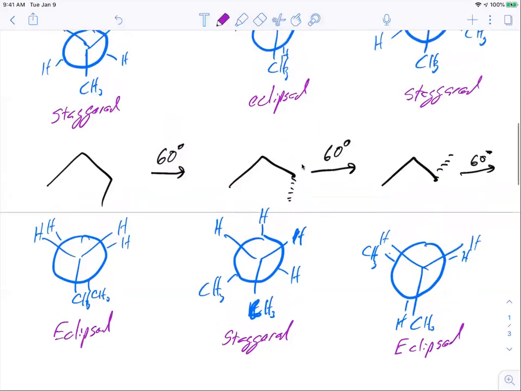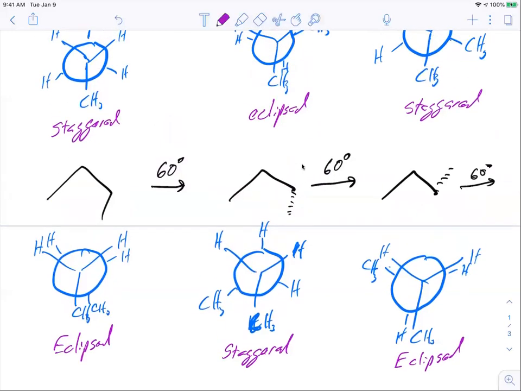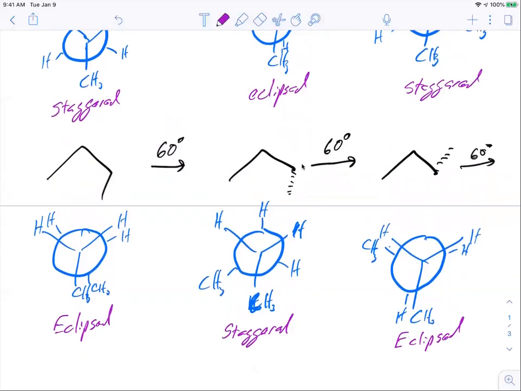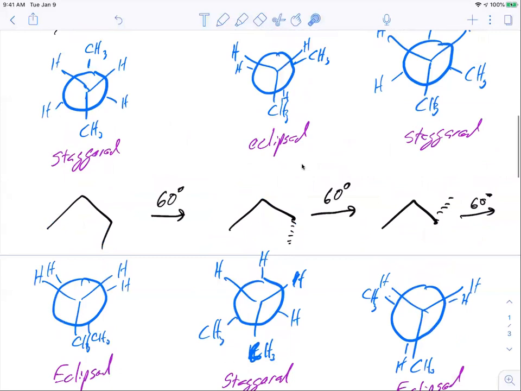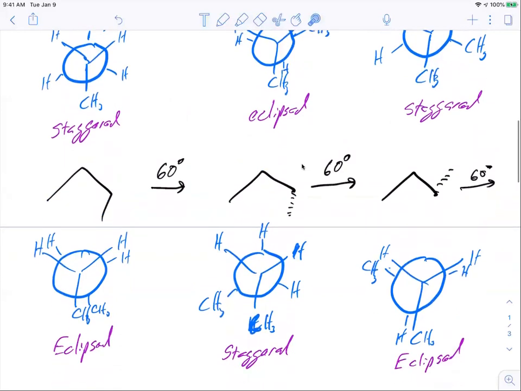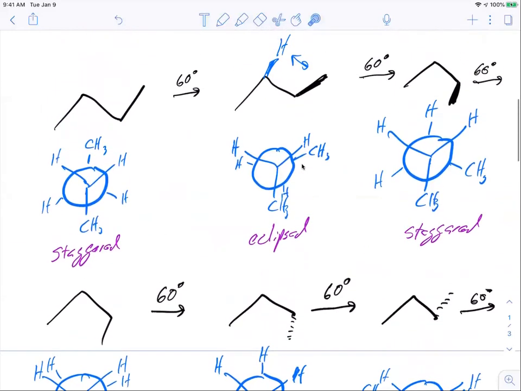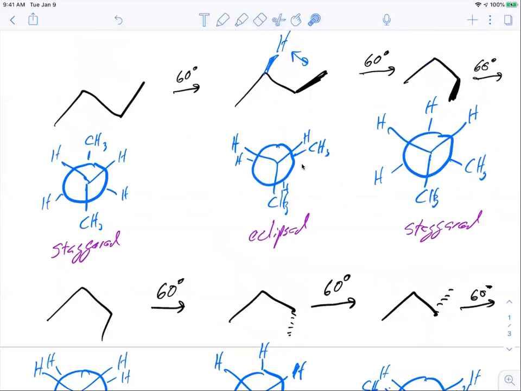Yes. This one is coming out at you, so therefore it's still not in the plane. So that puts it here.